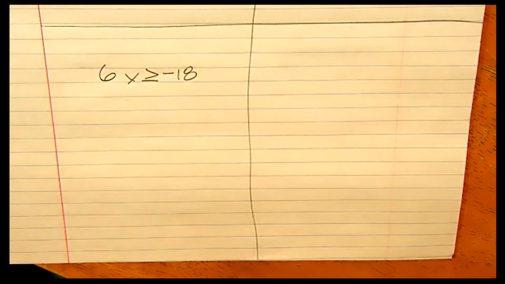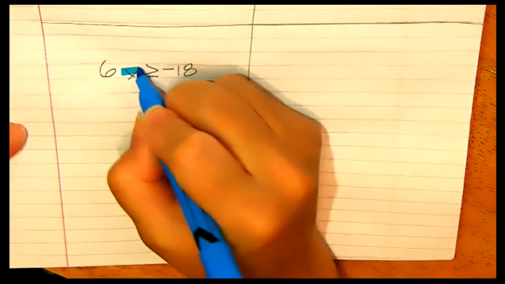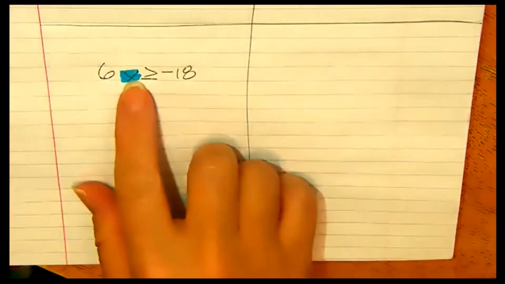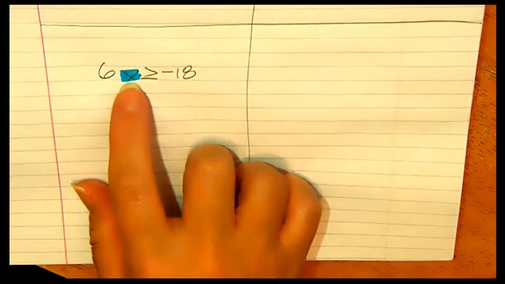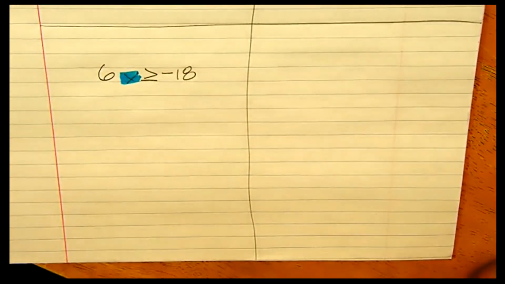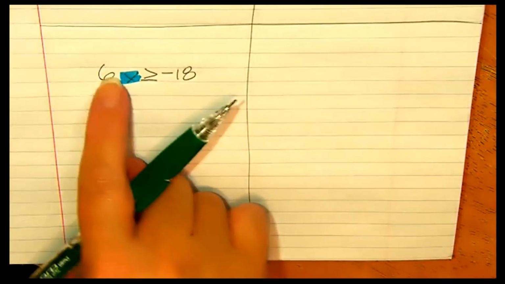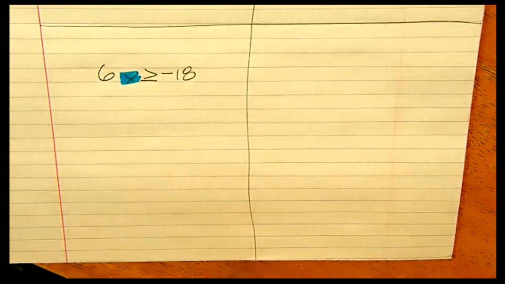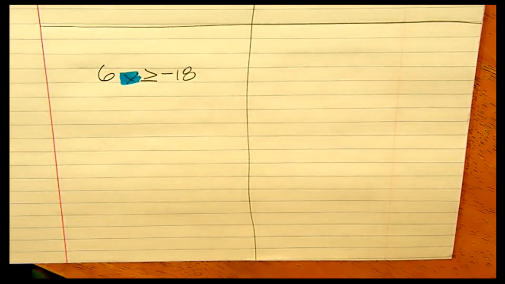Okay, let's go ahead and solve this one together. You guys are looking pretty good. So the first thing I need to do is solve for the variable. We need to isolate that variable. To do that, we need to get rid of this times 6. To get rid of times 6, we need to undo it.